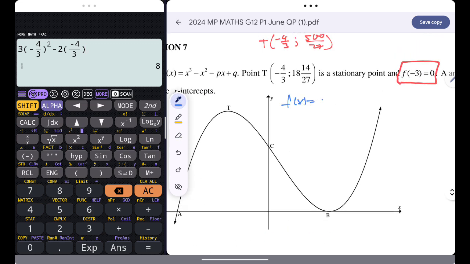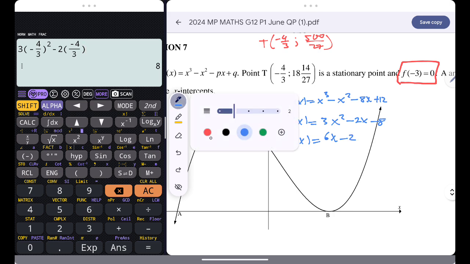If f of x is equal to x cubed minus x squared minus 8x plus 12, therefore the first derivative will be 3x squared minus 2x minus 8, and the second derivative will simply be 6x minus 2. Are you together?